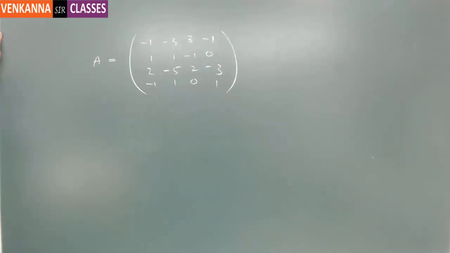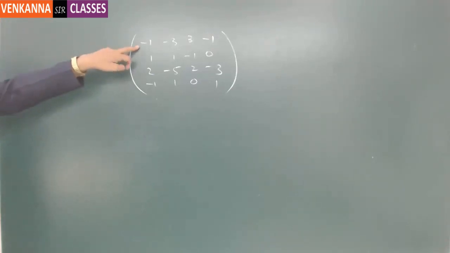So here, one interesting thing we need to observe is generally while applying the row operations, if for any row the first element is 1, then we interchange the first row with that, because while applying the row operations it is convenient to perform the operations. Since it is -1, it is okay.